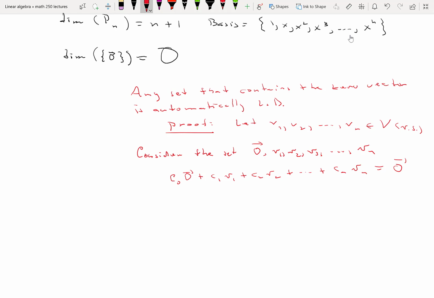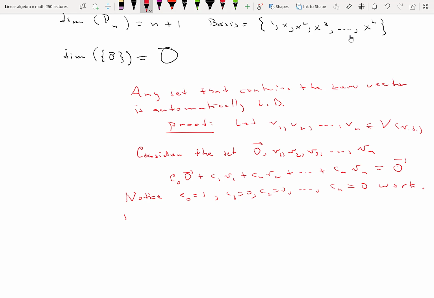However, notice that C0 equals 1, and then the rest of them, C1 equals 0, C2 equals 0, etc., all the way up to Cn equals 0, work in this equation. They satisfy this equation. If you put C0 equals 1, the scalar 1 times the 0 vector is the 0 vector. And if you put all the other constants, C1 through Cn, as 0, they work in this equation.